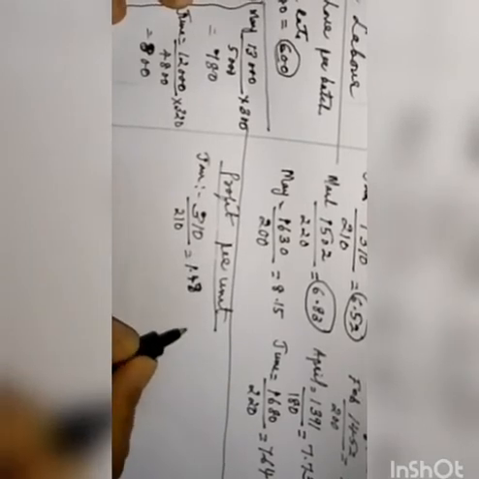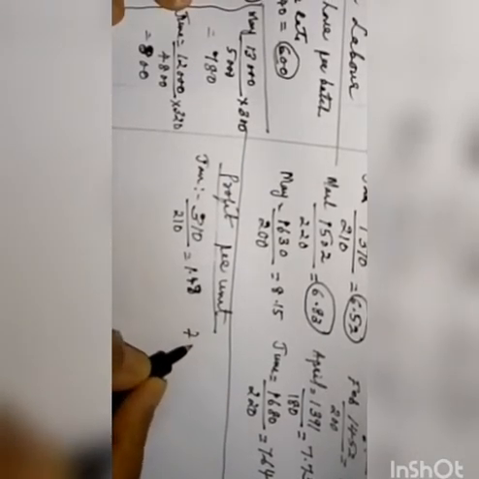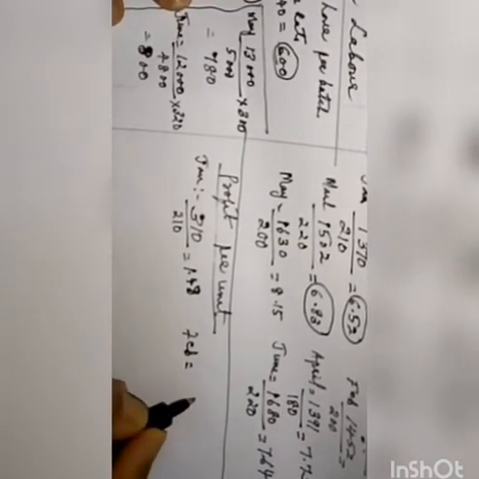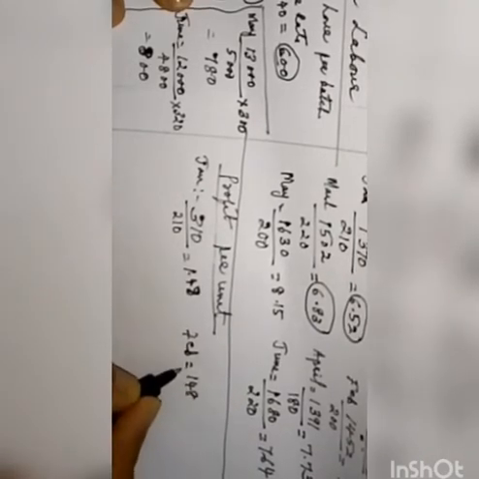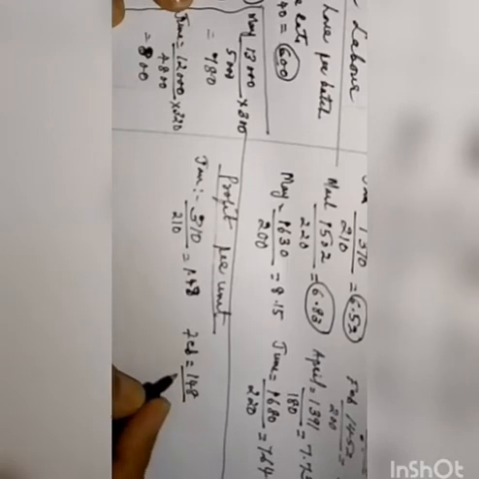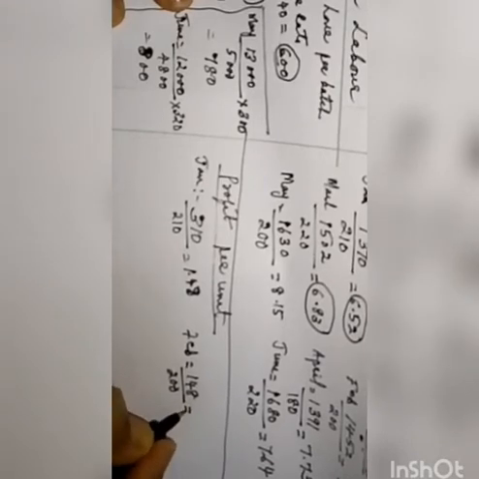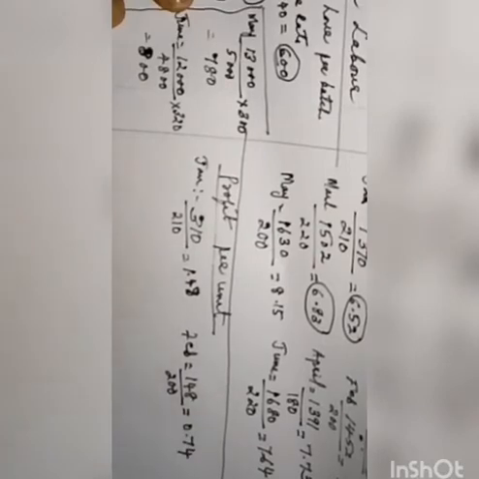Profit per unit batch wise. For February month, what is the profit? It is 148 divided by units produced in this particular batch, 200. This comes to profit per unit 0.74.